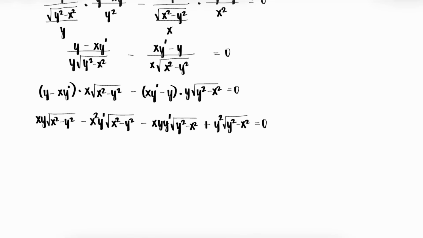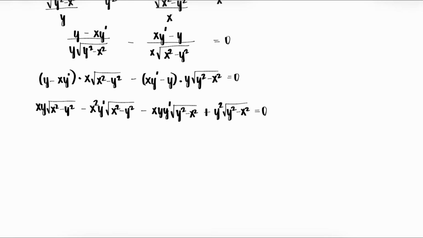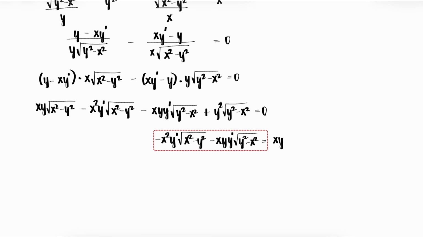And then we're going to leave all the terms containing y prime on the left side. So negative x squared y prime square root of x squared minus y squared, minus xy prime square root of y squared minus x squared equals, and we're going to transfer all the terms that do not contain y prime to the right side. So that's xy square root of x squared minus y squared minus y squared square root of y squared minus x squared.